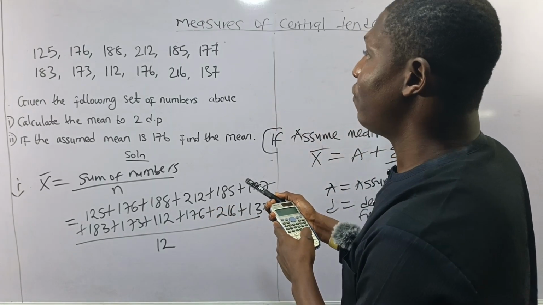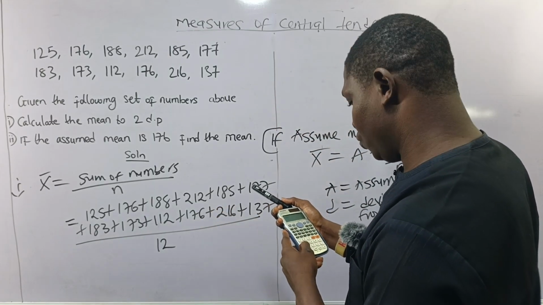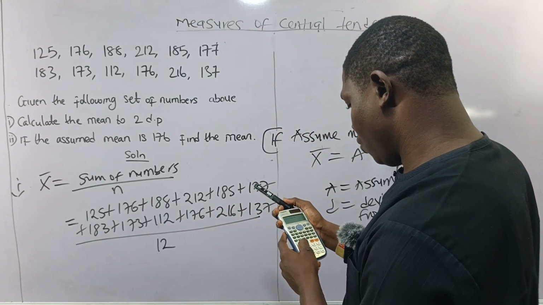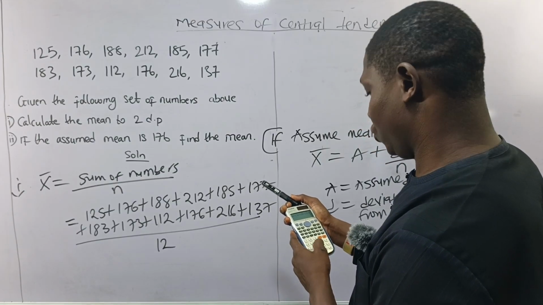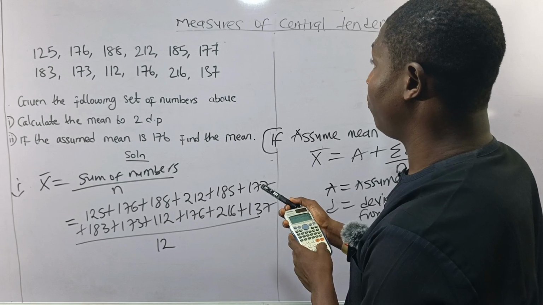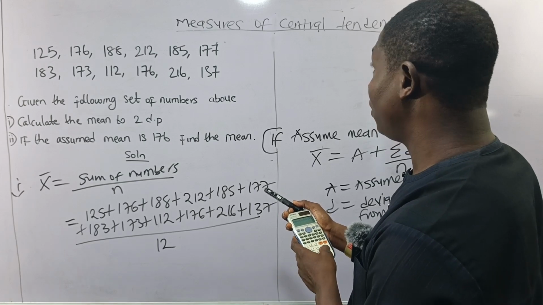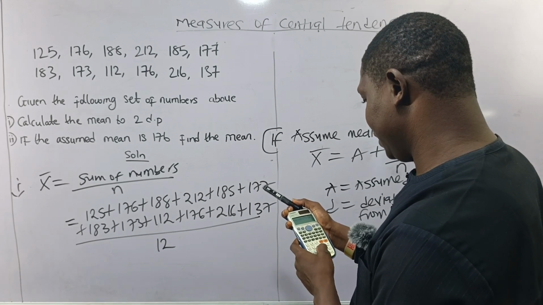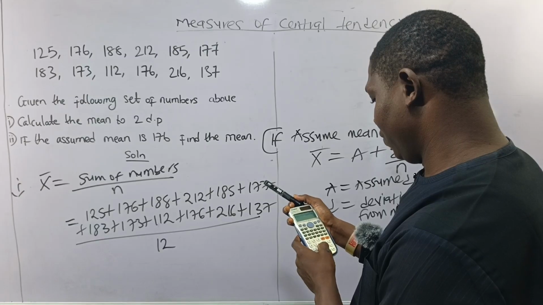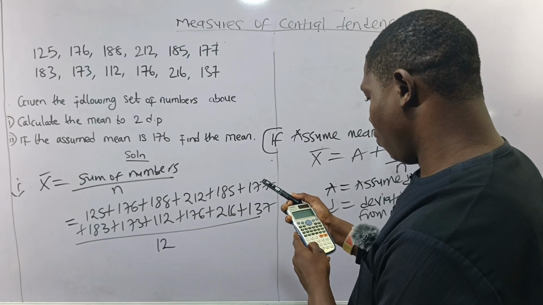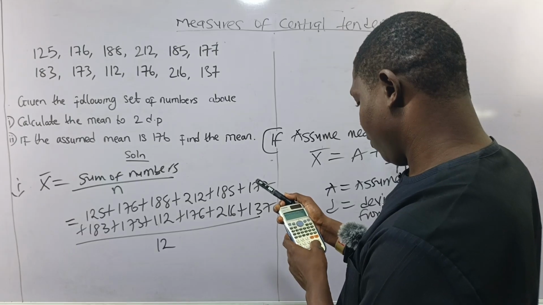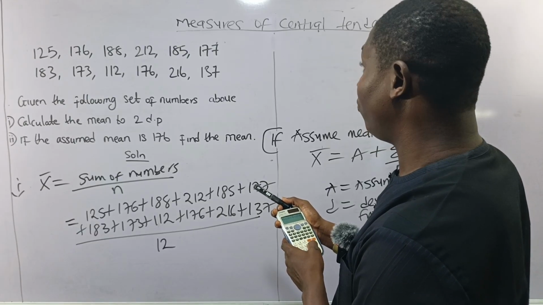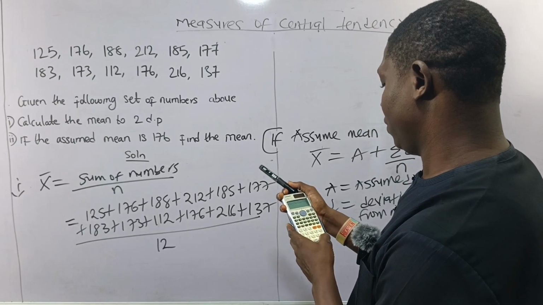So we have 125 plus 176 plus 188 plus 212 plus 185 plus 177 plus 183 plus 173 plus 112 plus 176 plus 216 plus 137.